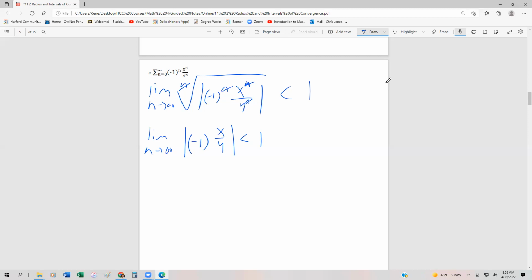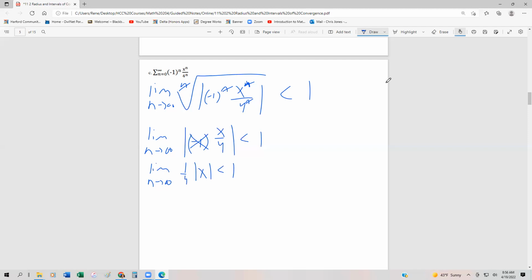And clearly, if we take the absolute value, right, we can pull this -1 out. So that's just going to cancel out because of the absolute value. And we can pull the 1/4 out. So we can now have the limit as n approaches infinity of 1/4 of absolute x, which is less than 1. And then finally, we can multiply both sides by 4.